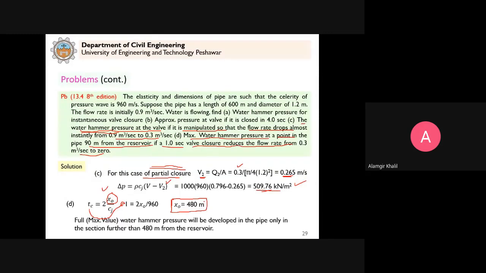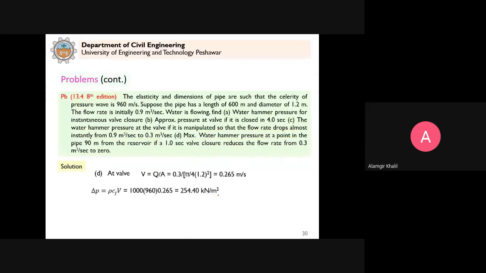This is what we saw. Clear? So in this case, what I want to say is that up to this X naught for 80 meter, all the points will experience the maximum pressure. But any point less than that will experience a pressure less than the maximum.